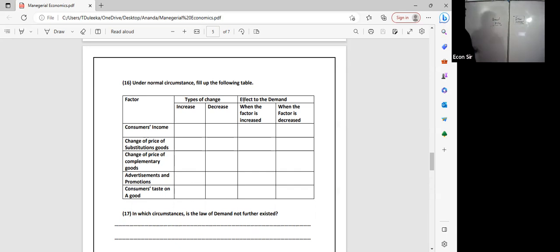That is related goods. Now see, a loaf of bread, the price of a loaf of bread is 100. Then rice demand at that time would be 50 kilos.